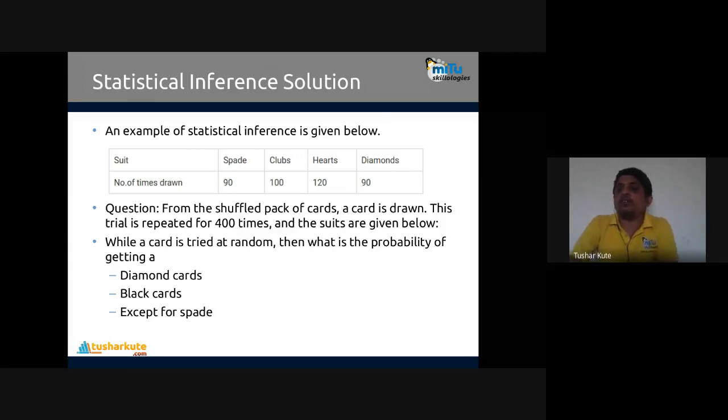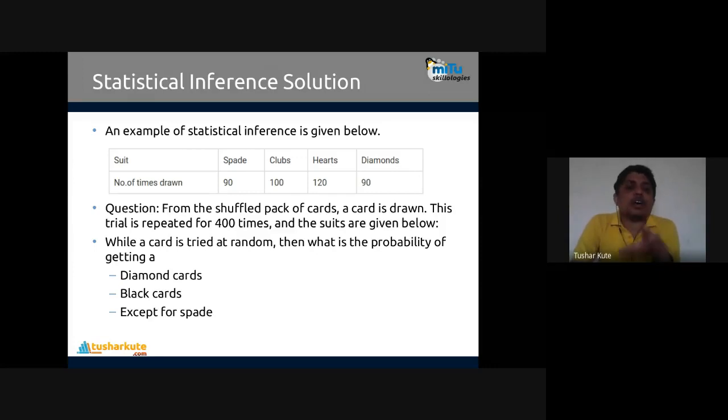So the question is: from a shuffled pack of cards, a card is drawn, and this trial is repeated 400 times. In all these 400 times, I got spade 90 times, clubs 100 times, hearts 120 times, and diamonds 90 times. Let's say, for example.